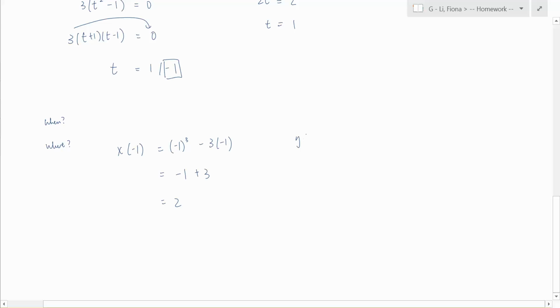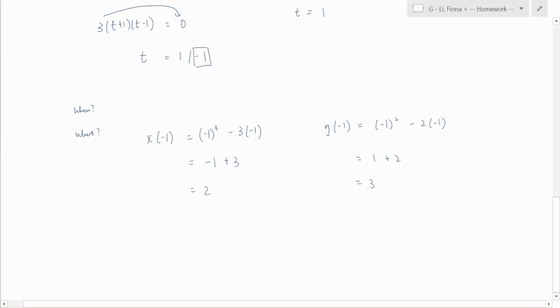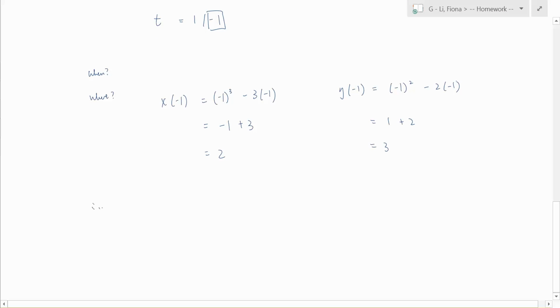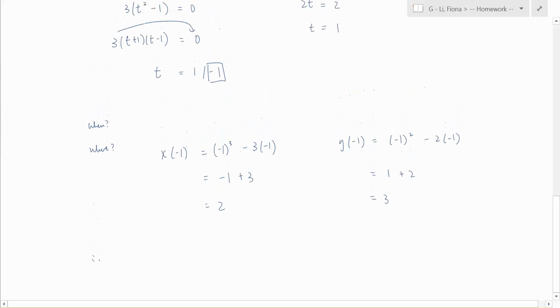And on the y direction, we will get -1 squared minus 2 times -1. And so we will get 1 plus 2, which is 3. So let's draw a conclusion here.